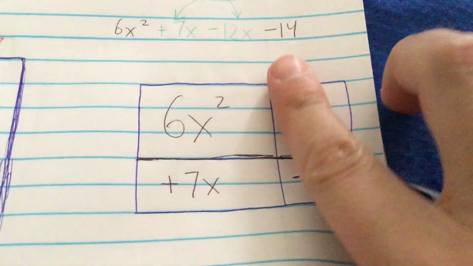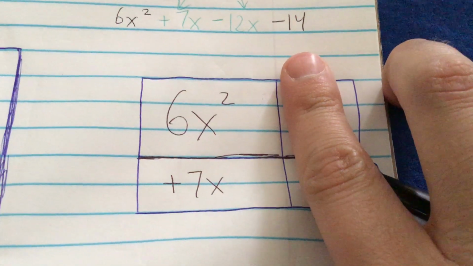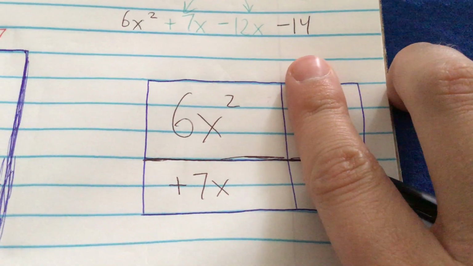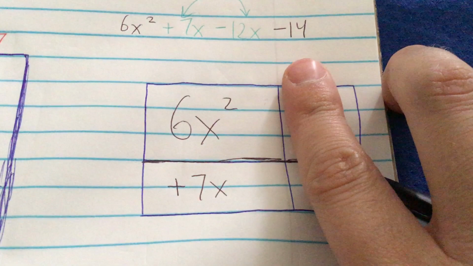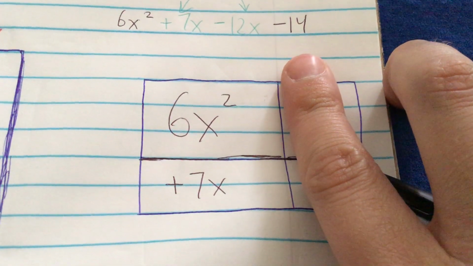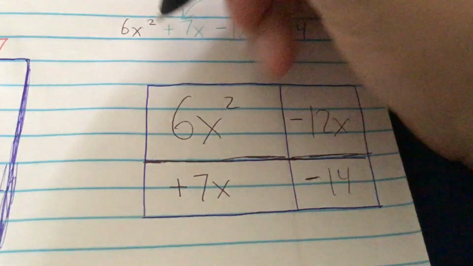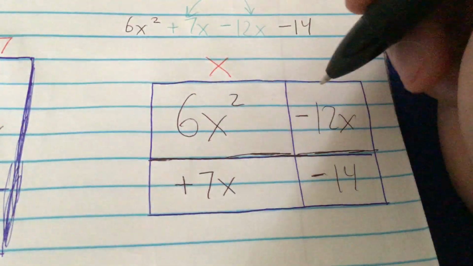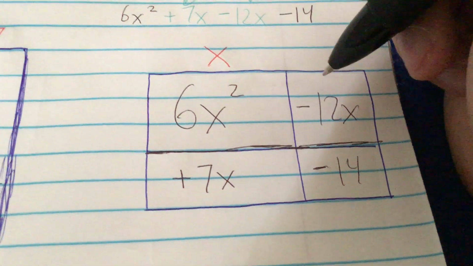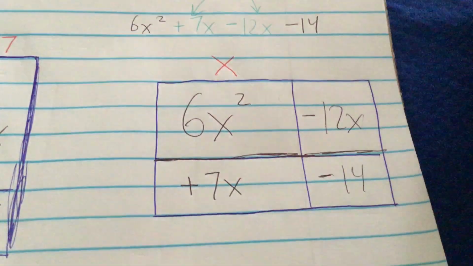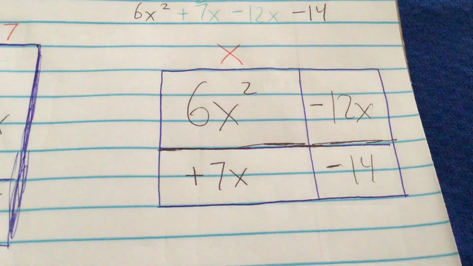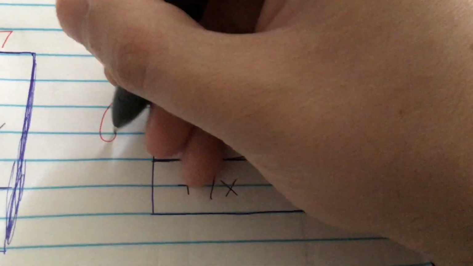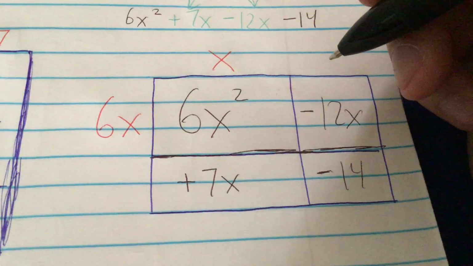I'm going to cover up the right column. What can I factor out of 6x squared and positive 7x? X. Just one x, because 6 and 7 don't have any common factors other than 1. X times what is 6x squared? 6x.